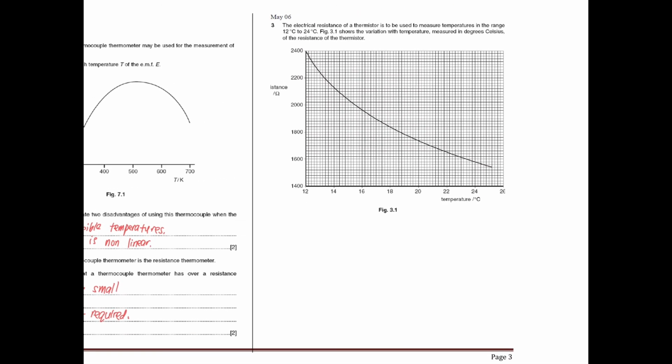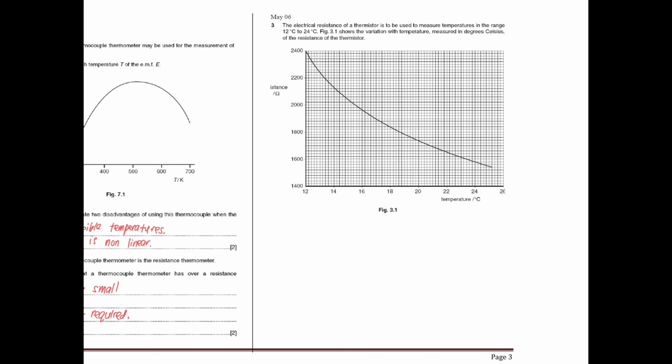Here, right hand side. Okay, let's do a thermistor. A thermistor uses resistance versus temperature. So you see the words here. The electrical resistance of a thermistor is to be used to measure temperature in the range 12 degrees Celsius to 24 degrees Celsius.